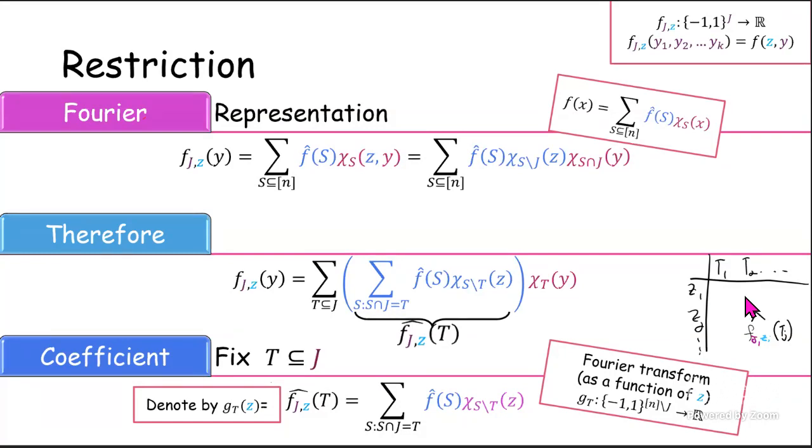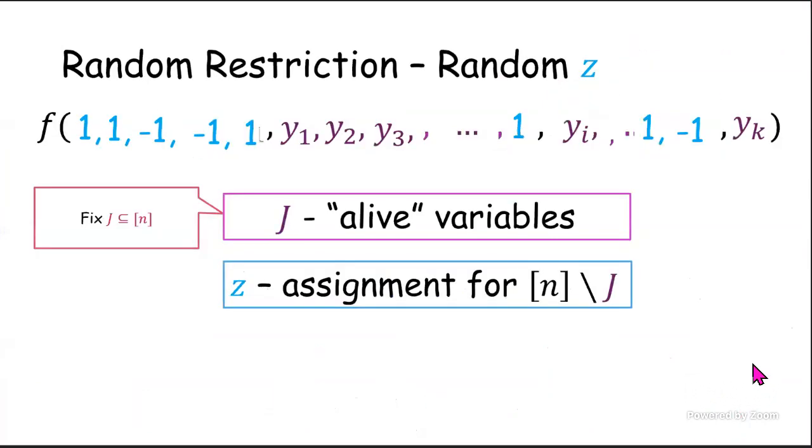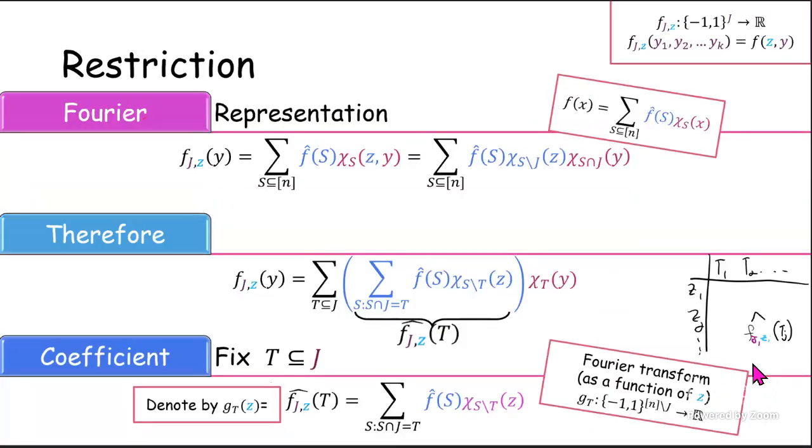And if we look at the column, we have some subset of J, a character of J, and we have the different values of its Fourier coefficient for different restrictions. This is important, and we'll see it again later.